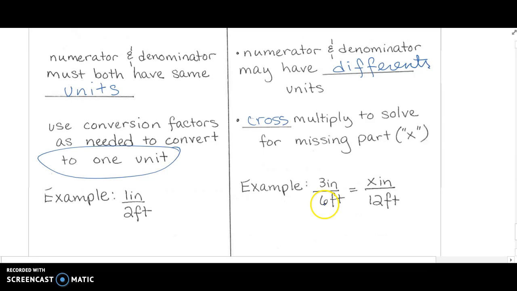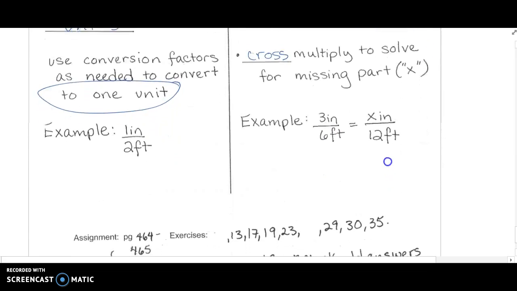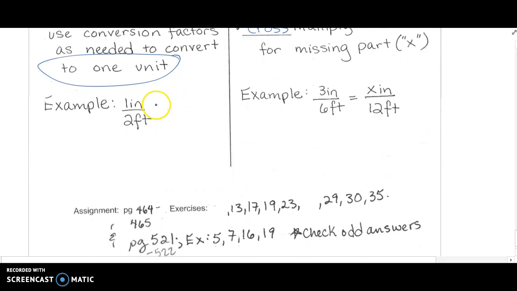And then here's some examples of what each would look like. So the first one, there's 2 feet, so I'm going to convert that to inches. There's 12 inches in a foot. And remember, when you convert, you have to put your units catty corner from each other so that they cancel out, because one's in the numerator, one's in the denominator.